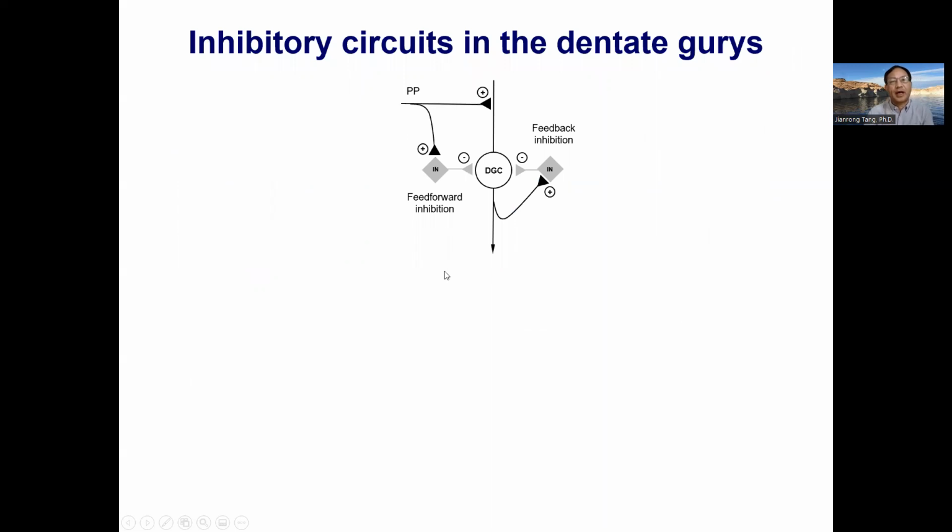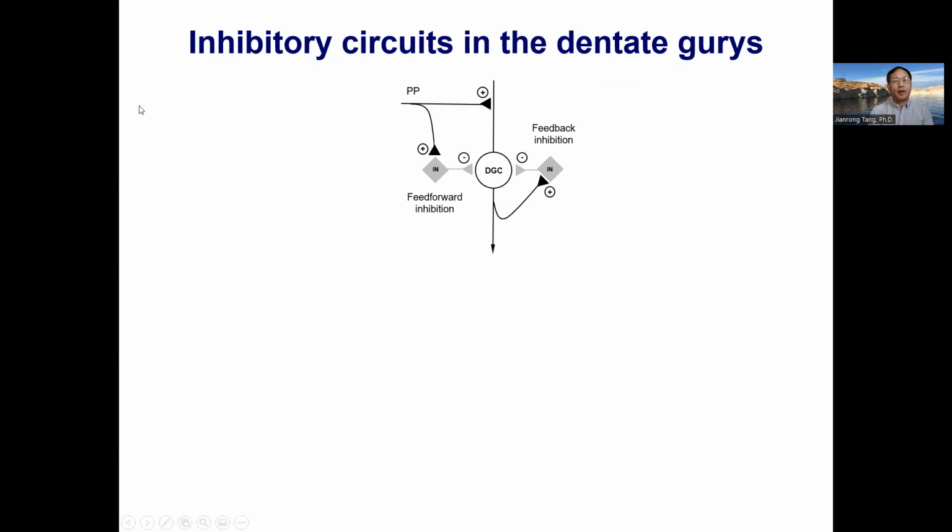We know there are different angles to dissect the mechanism underlying the LTP loss and memory deficits. But we are interested in the neurocircuitry activity changes, in particular the inhibitory circuitry activity after CDKL5 loss.